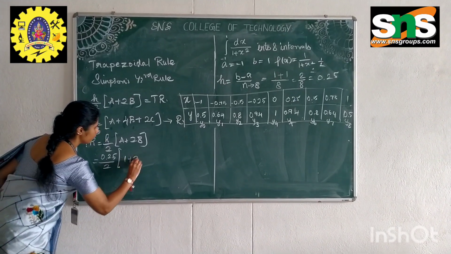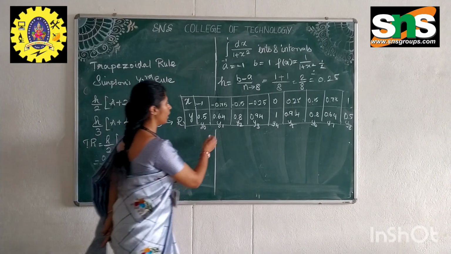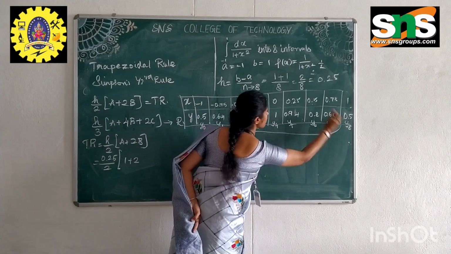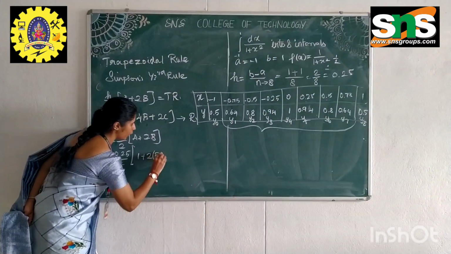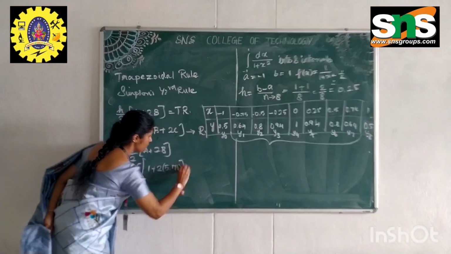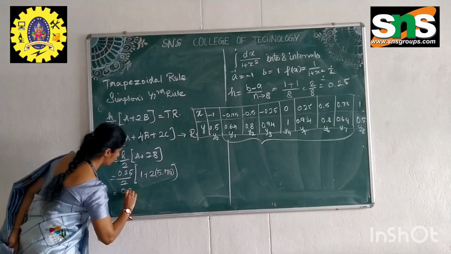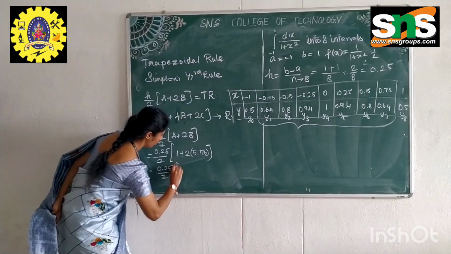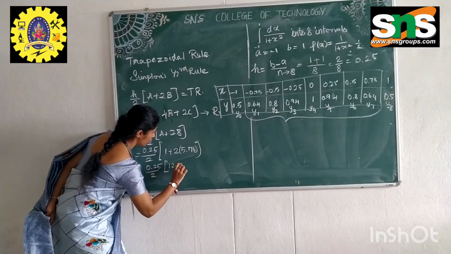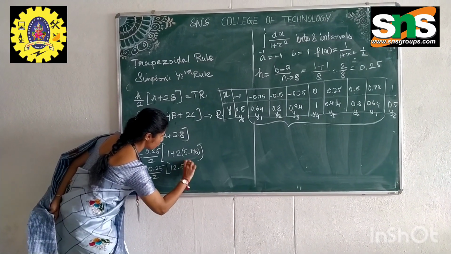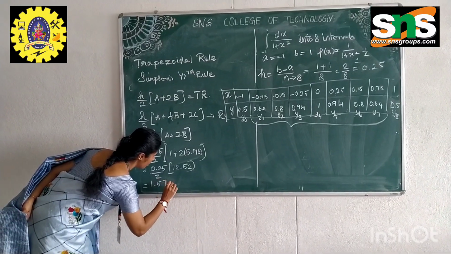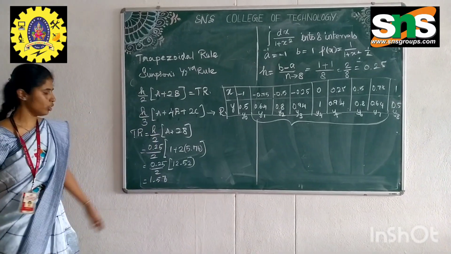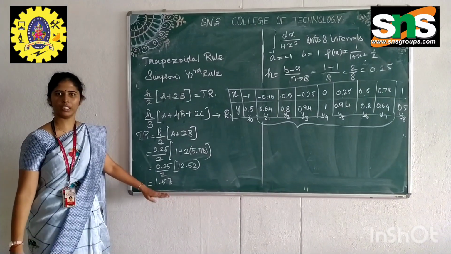Next, to calculate the b value, we add all the remaining ordinate values, which gives 5.76. So we get 0.25 divided by 2 into 12.52, which results in 1.56 some value. This will be our solution for the trapezoidal rule.